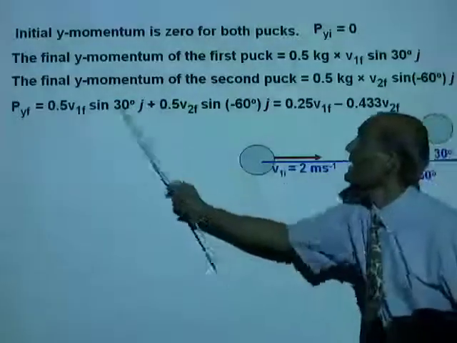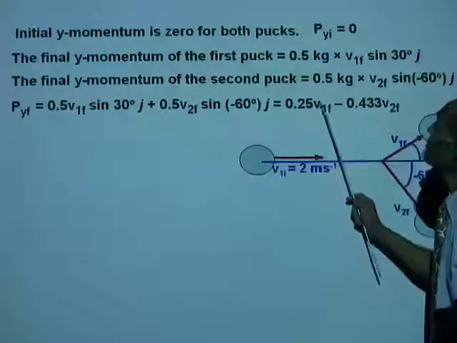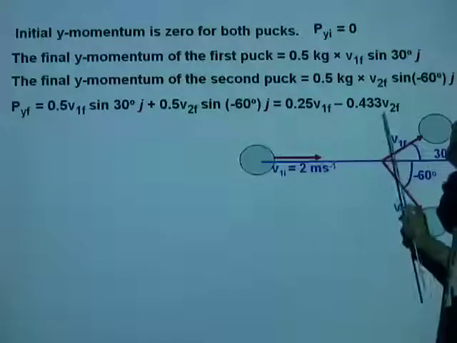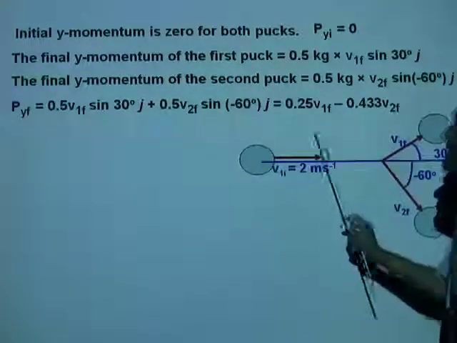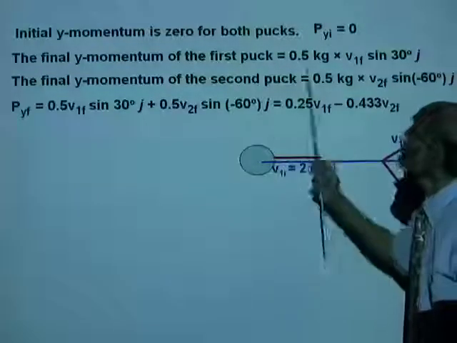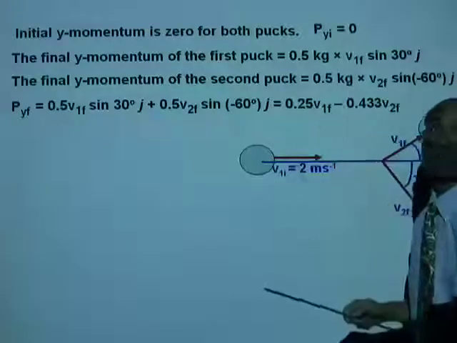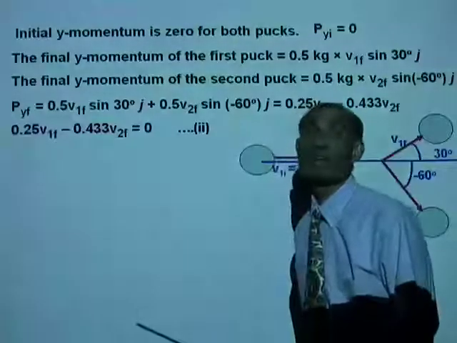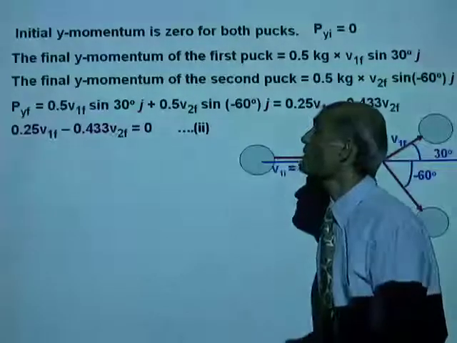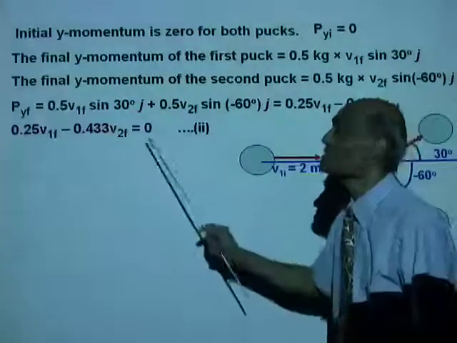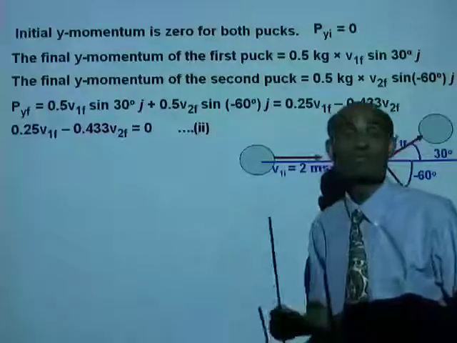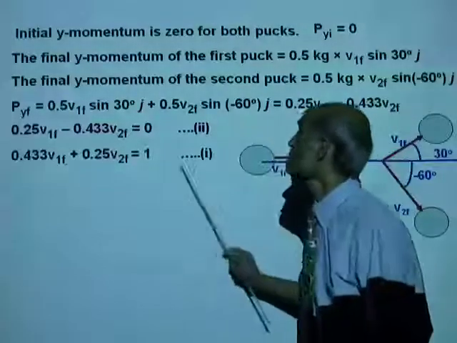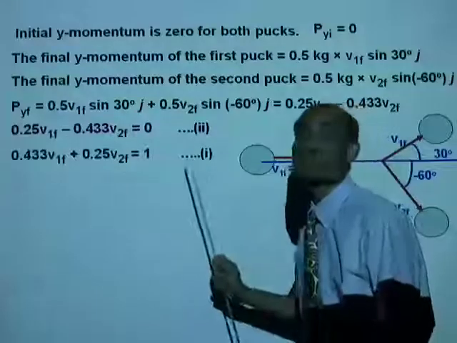And simplifying that gives me 0.25 V1F minus 0.433 V2F. And this quantity must be equal to 0. So we have 0.25 V1F minus 0.433 V2F equal to 0. We have now two equations, equation 1 and equation 2.